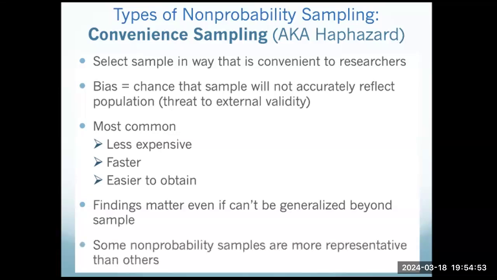And we also find that some non-probability samples might be more representative than others. So this is something that we have come to terms with in research, that a lot of times we're going to use convenience sampling. We have to disclose in our write-up that we used convenience sampling, and we have to explain in our discussion why we still think it could be relevant to others.